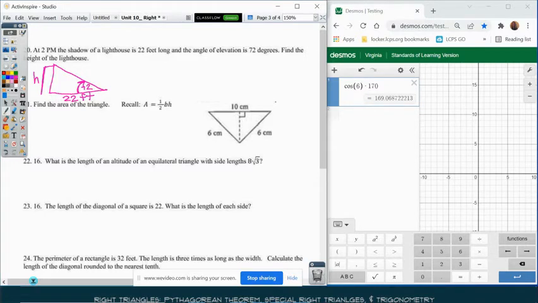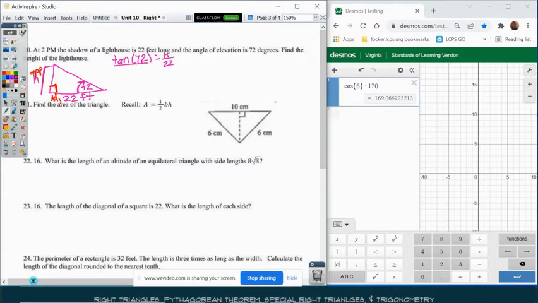From that reference angle, we're going to assume, of course, that the lighthouse and the ground make a right angle, that it's all standing perpendicular. So from the 72, I have the opposite side at my lighthouse, and I have the adjacent side at my 22. This is cluing us in that we'll be using a tangent function. So this is a tangent of 72, equal to my h over 22 for us.